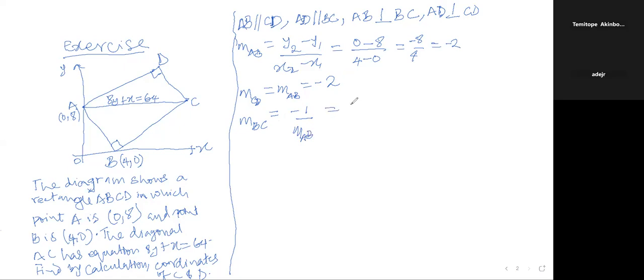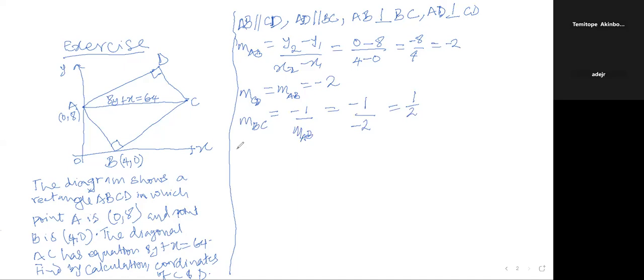And that will be minus 1 over, what is the gradient of AB? You said minus 2. So minus 1 over minus 2 gives us 1 over 2. So gradient of BC is 1 over 2. I've determined the gradient of lines BC, AB, CD. Hope I'm communicating. Yes, sir.